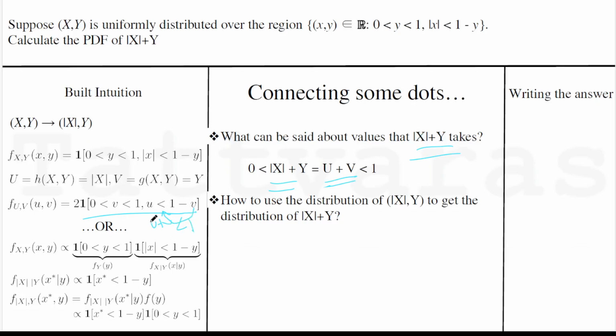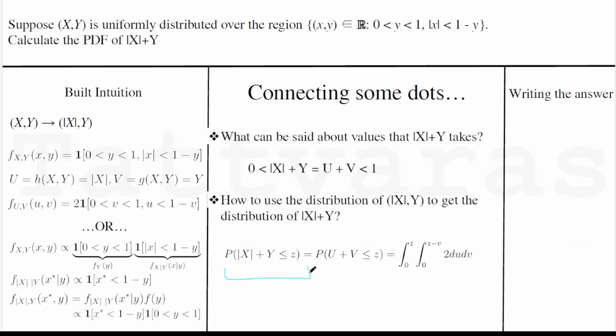And clubbing this with the information that is here, we'd see that mod x plus y can take values between 0 and 1. And then the question comes, how to use the distribution that we have derived to get the univariate distribution's PDF. We can do this by something called the CDF technique. So the algorithm over here is, we find the CDF and then differentiate the CDF to get the PDF.